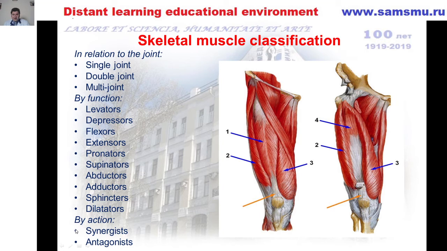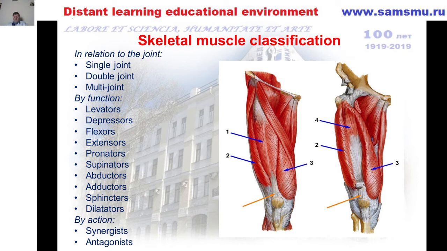You may see these terms in this picture. The biceps muscle of the shoulder together with the pronator teres flexes the forearm. They are synergists in this flexion, but at the same time the biceps can rotate the radius outward and the pronator teres inward, and then they are antagonists.